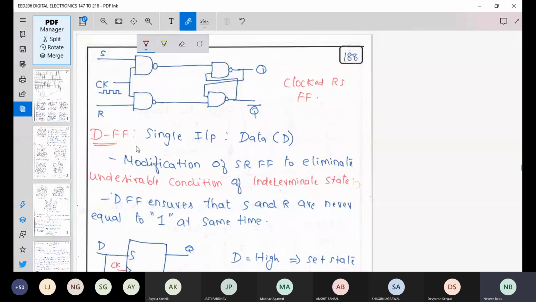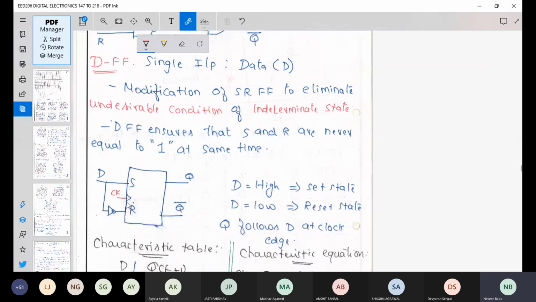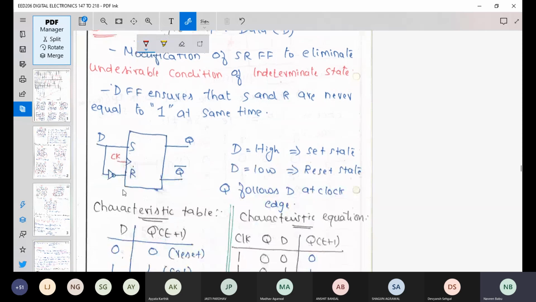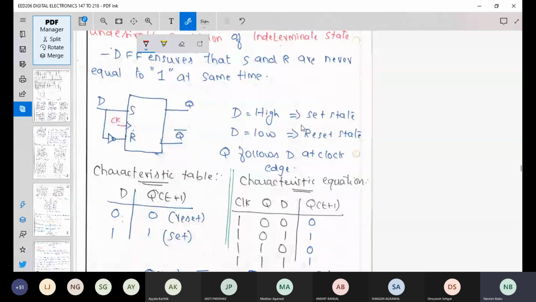Now we have to create a characteristic table for a D flip-flop. Please always remember, in your characteristic table, your next state output will be in terms of your present state input, which means that your Q of t plus 1 will be in terms of Q of t.